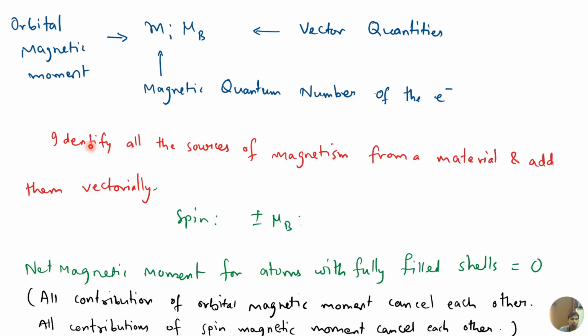So what happens in a particular material is that we identify all the sources of magnetism in the material and then add them vectorially to see if we have certain magnetism or not.